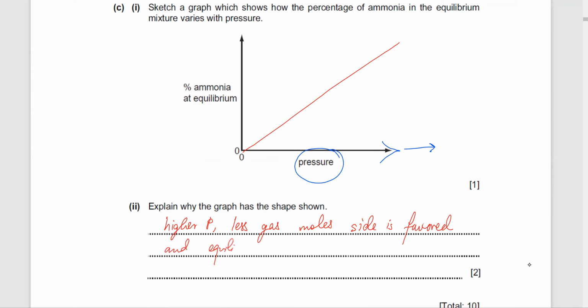Equilibrium favors the forward reaction and more ammonia is produced. Okay, that's going to be it.